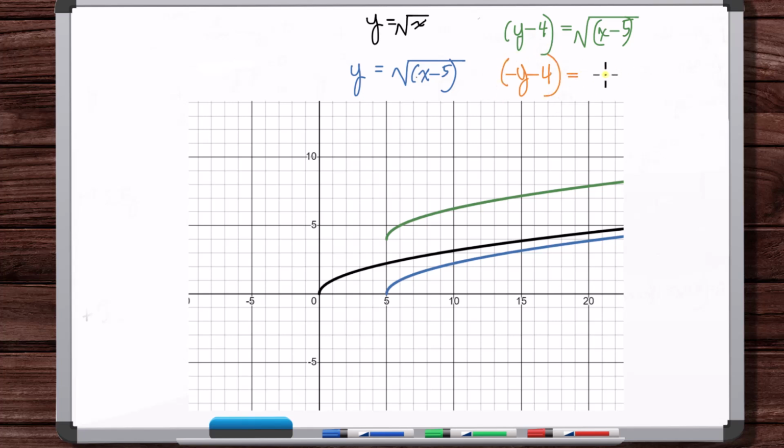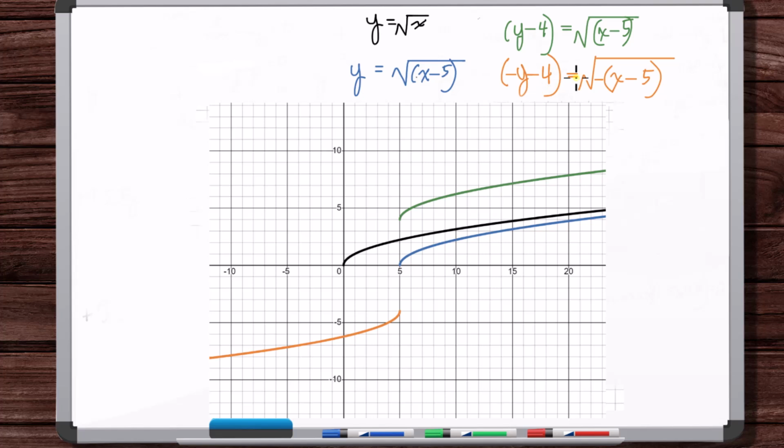And if you want to flip about the transformed y-axis, the imaginary moved y-axis, go to the x variable and put the minus sign outside of the entire shifted x expression, x minus 5. And there you go. Here is the orange equation. We flipped about the original x-axis, and we flipped about the imaginary shifted y-axis.